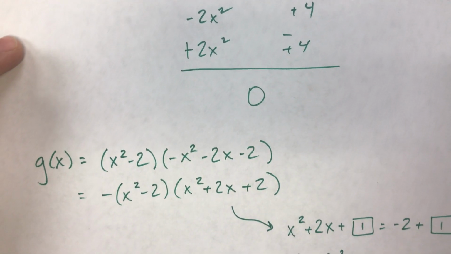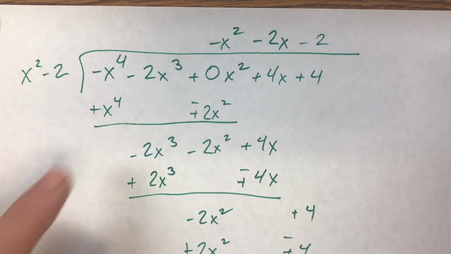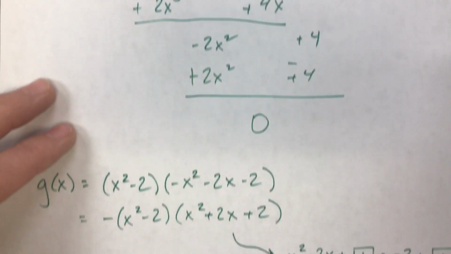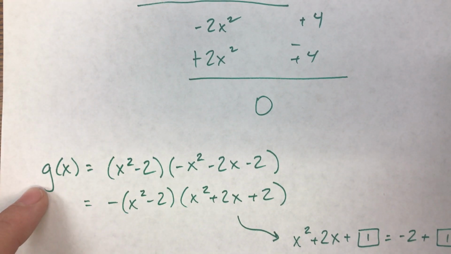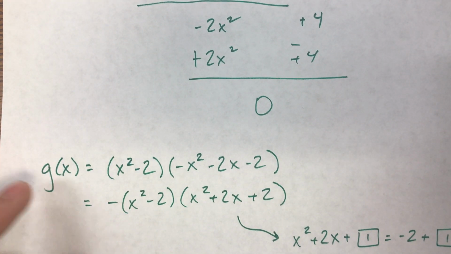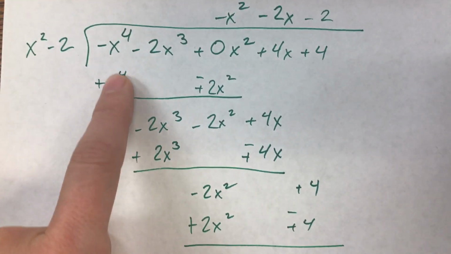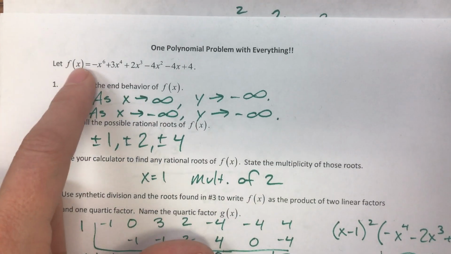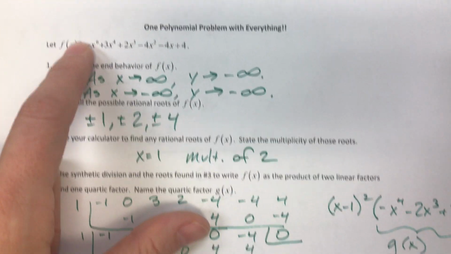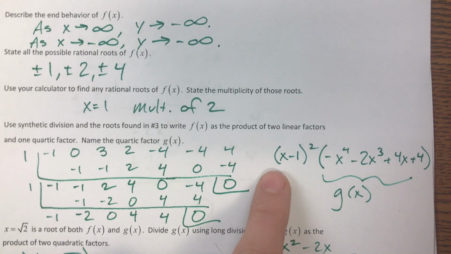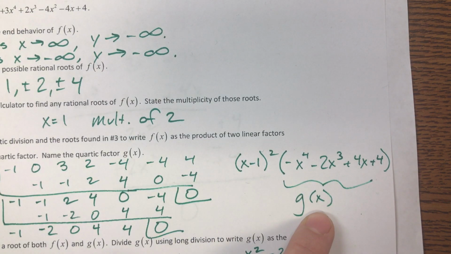And then what that tells me is this quartic, degree 4, was the one they were calling g of x. So the g, no, I lied. No, that's right, so sorry. The quartic, degree 4, was g of x because the one with degree 6 is f of x. So then we wrote that now in terms of it was x minus 1 squared times this g of x.